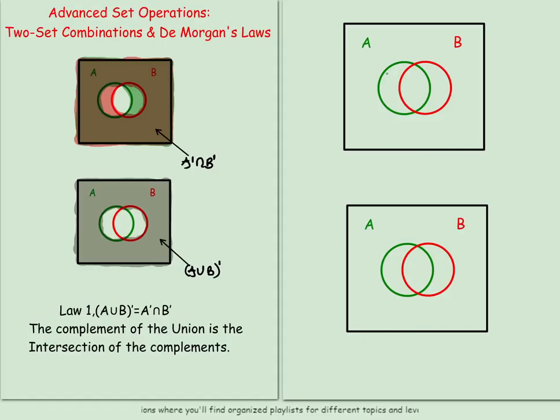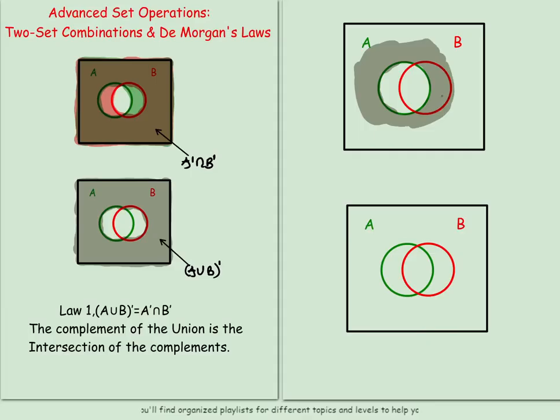So first of all, let me start with my A prime. I would target all the spaces outside A. You see, so if I continue over here, I'll get all my A prime. Then I also want my B prime. So all the spaces, including here, is my A prime.